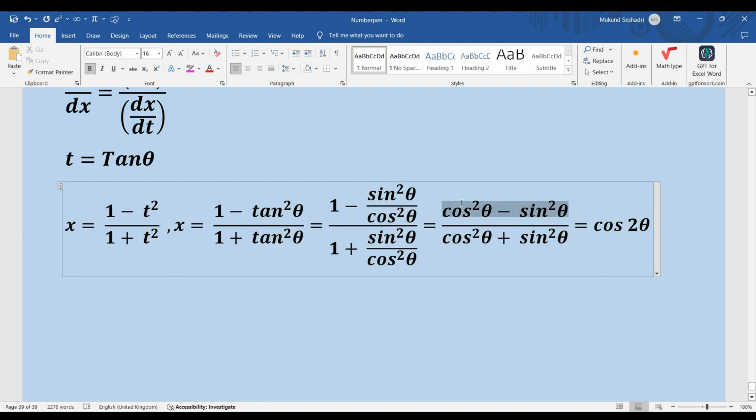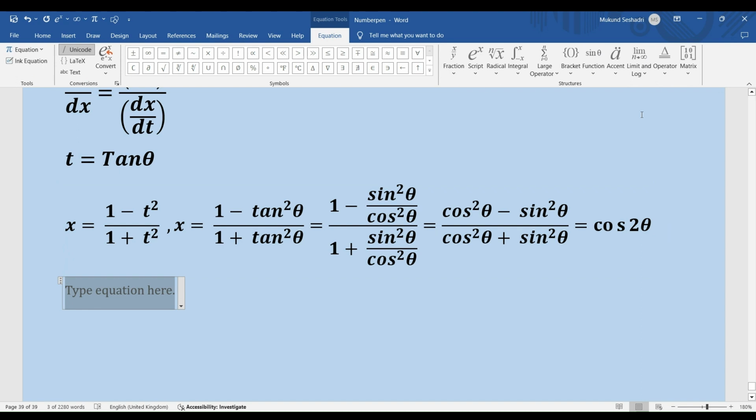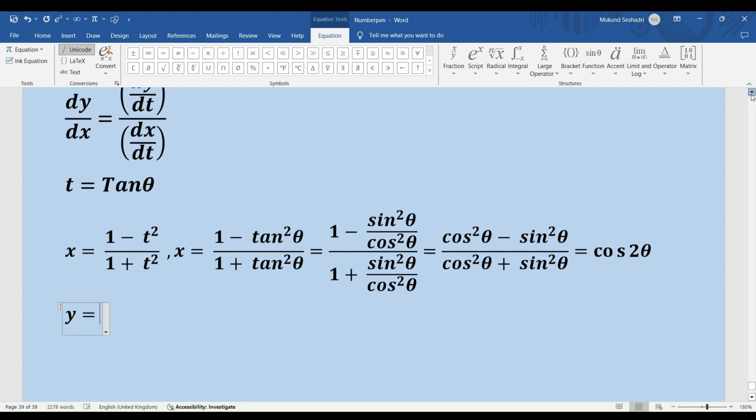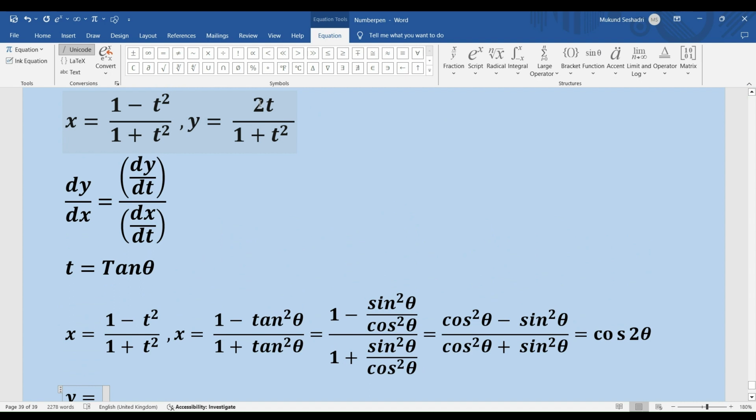Now I go to my y, and remember you cannot make a different substitution for the t in x and y. The substitution that you make has to be the same, right? Because it is the same t which is available in x and y. So my y equals 2t divided by 1 plus t square, right?